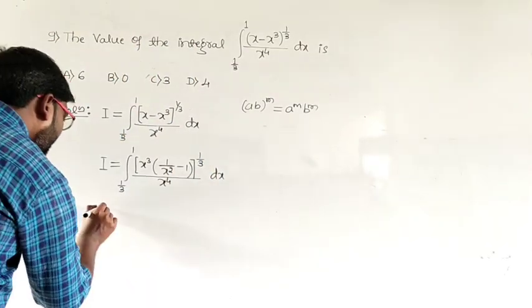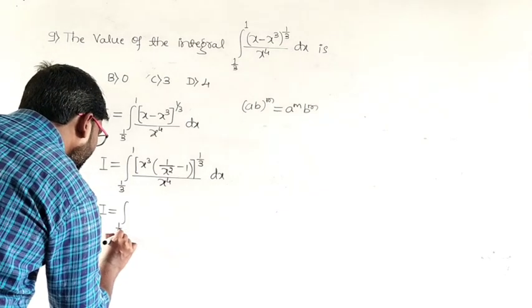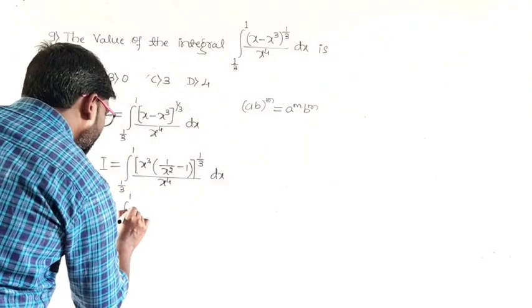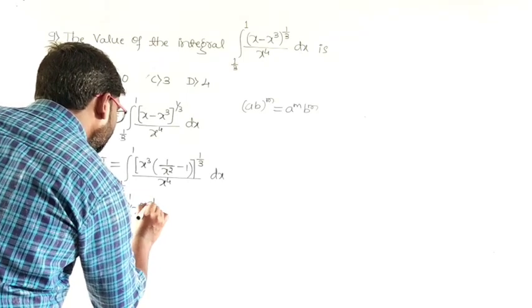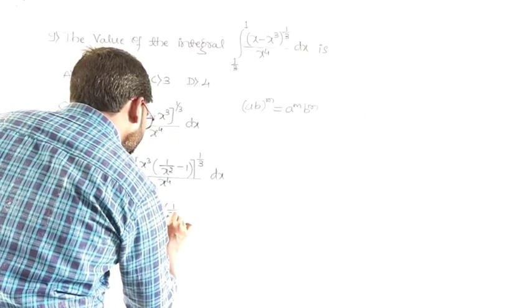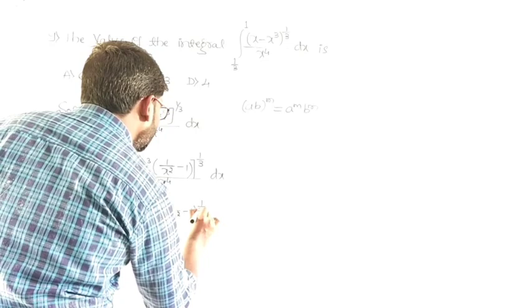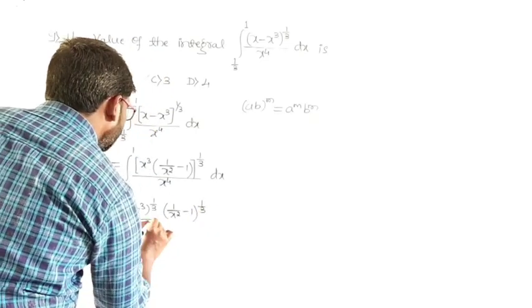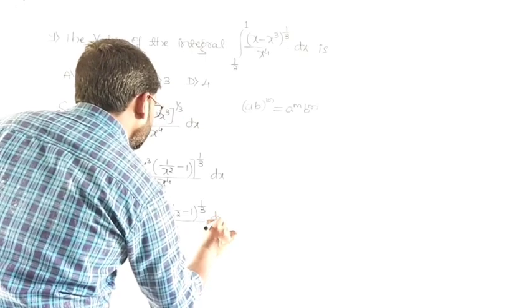So now I is equal to the integral from 1 by 3 to 1, then x cube whole to the power 1 by 3, then here we have 1 by x square minus 1 whole to the power 1 by 3, then divided by x to the power 4 dx.